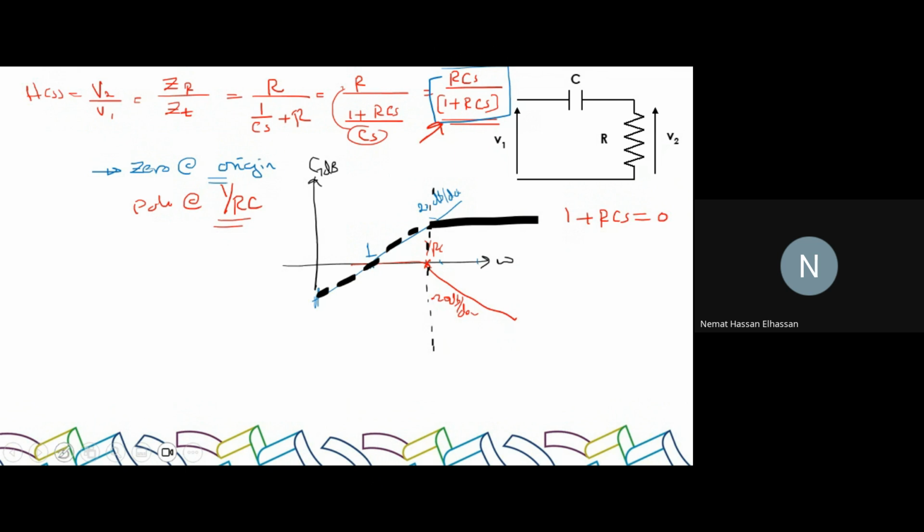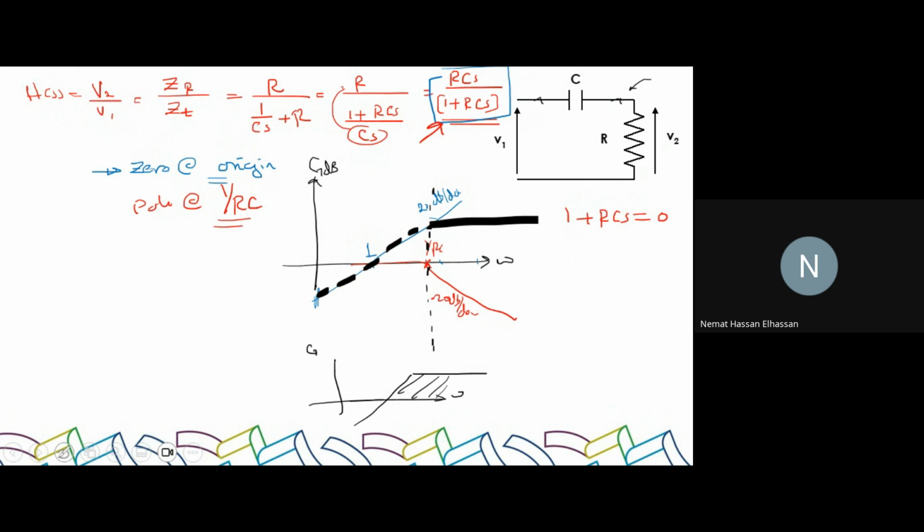فإذا when I plot this, this is what it looks like. Just to make it clear, يعني if this is omega and this is gain, it goes this way and then it stabilizes, right? This is pass band. This is negative gain, very attenuated. Then what type of filter is this circuit? Low pass, high pass? High pass, right? So the same circuit, if you take the output from the capacitor, you'll get low pass filter.